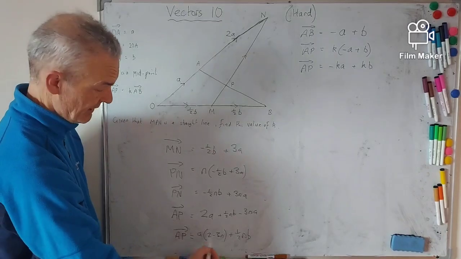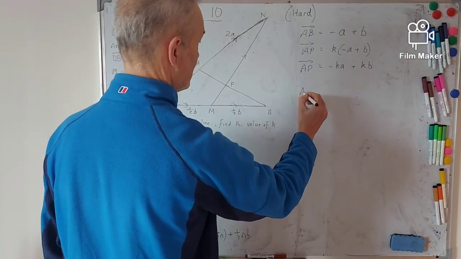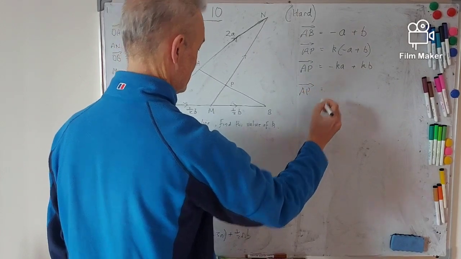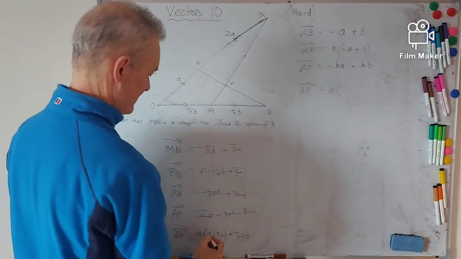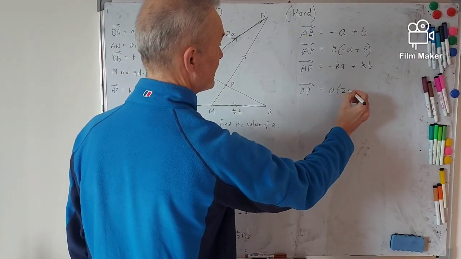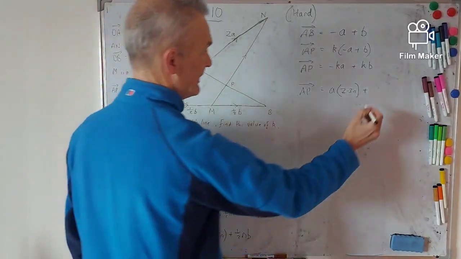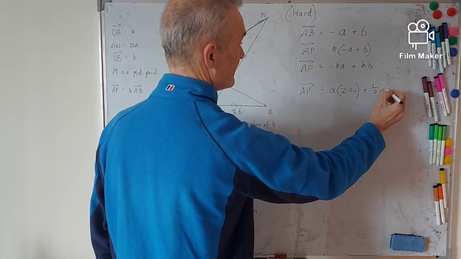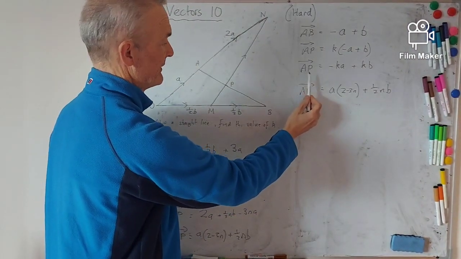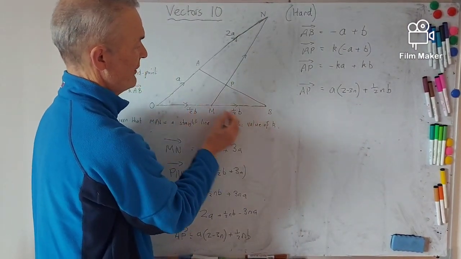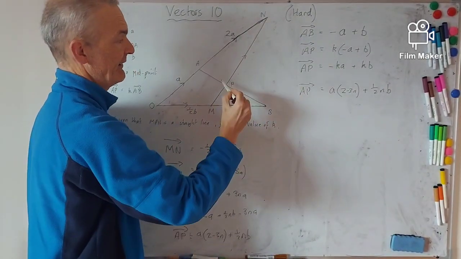Now what I'm going to do is write this underneath that one. So that's A(2 minus 3n) plus half NB. So here we are, we've got AP as a fraction of this vector, and we've got AP as this.